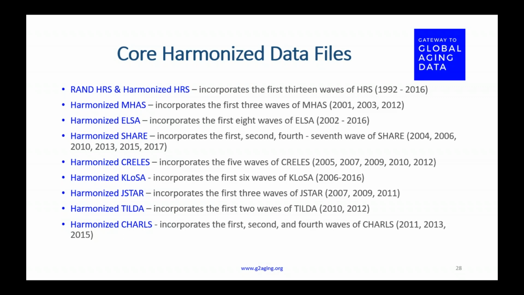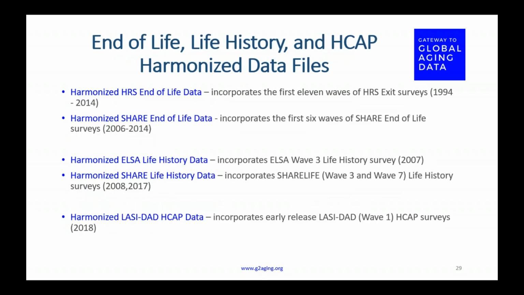We have harmonized data, I'll just tell you which countries here they are: for Mexico, for England, for SHARE, which includes 30 European countries and Israel, I think more than 30 now, KLoSA, which is Korea, Costa Rica, Japan, Ireland, and China.